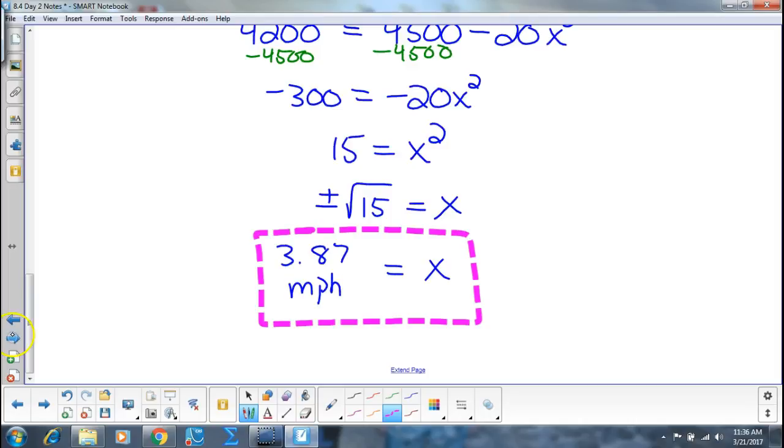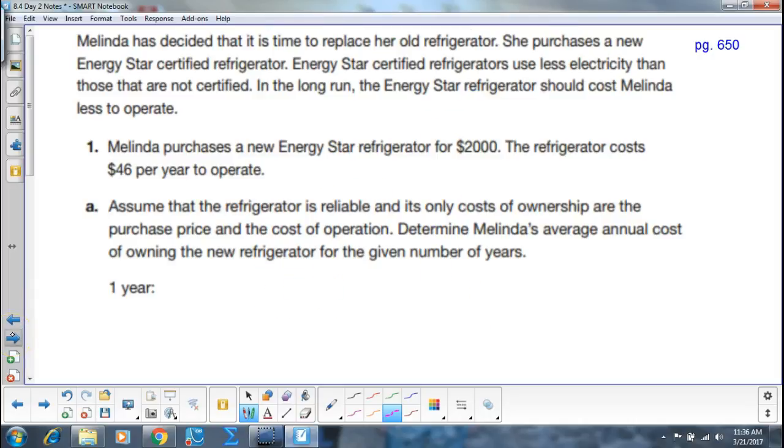What I'd like you to do now is, I'd like you to figure out Melinda's refrigerator. Spot check here. So Melinda has decided to replace her old refrigerator, so she goes down to the local refrigerator store and gets one for $2,000.